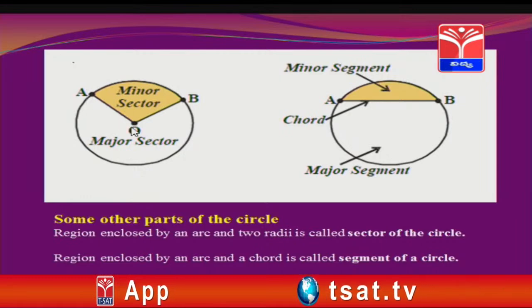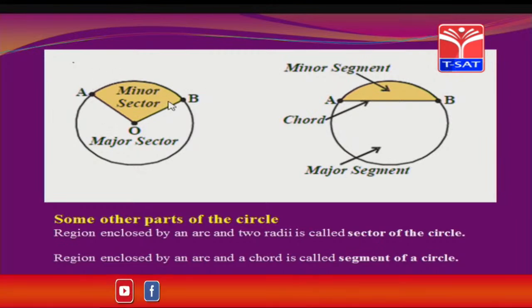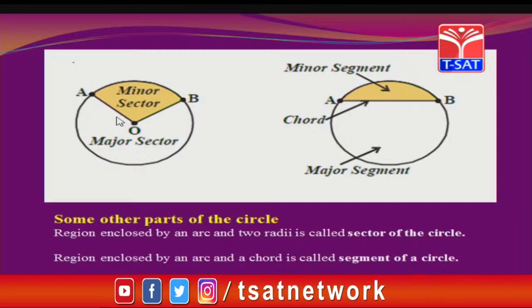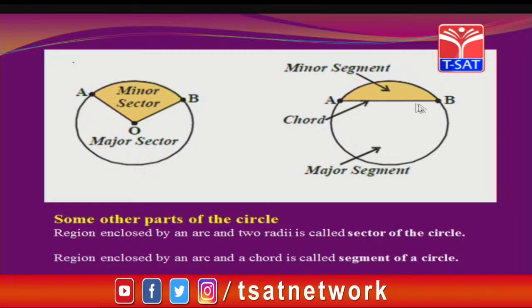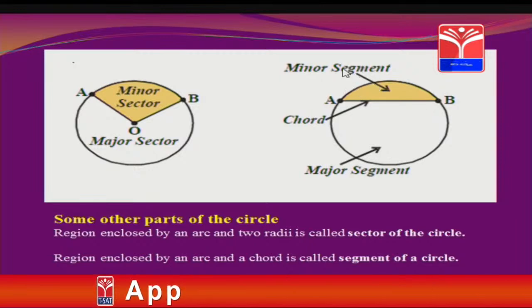The region shaded in yellow, OAB, is a minor sector. The white part is the major sector. Here, if a chord AB is drawn like this, joining the 2 points on the circle, the shaded part is called the minor segment, and this is the major segment.